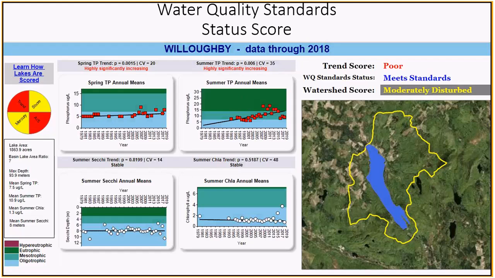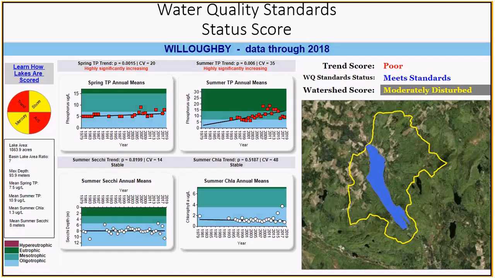So this is just another example of a lake that has a poor trend score, but it has a good water quality standards score, Lake Willoughby. So Lake Willoughby has beautiful crystal clear water.